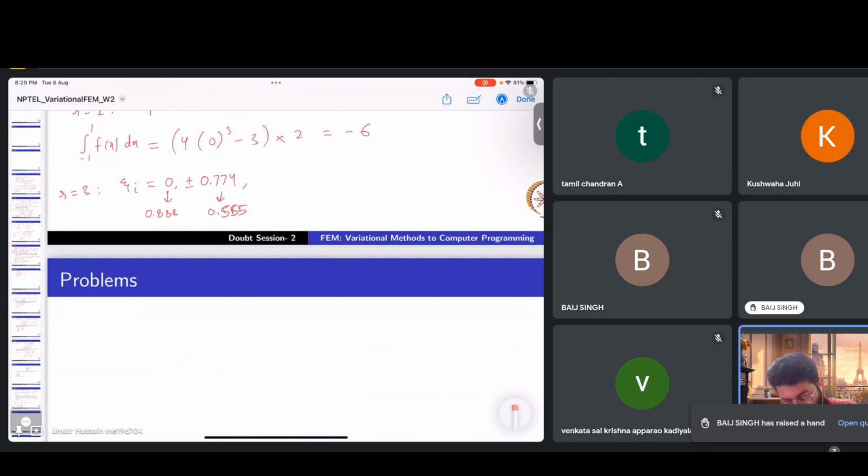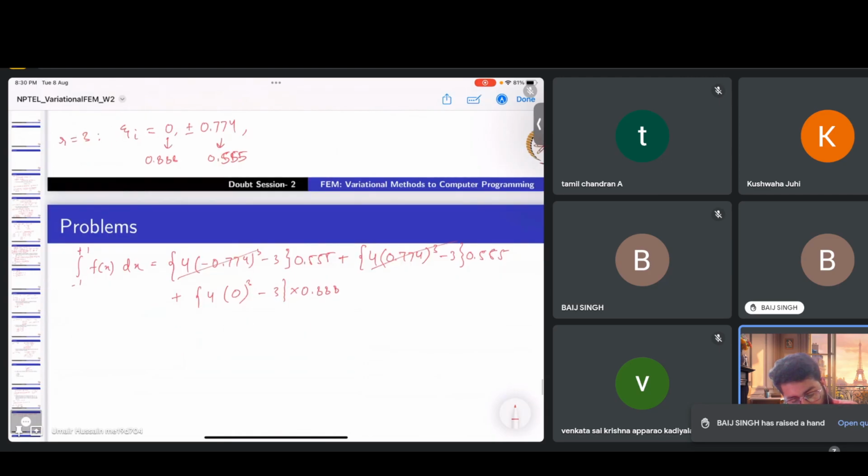So our integration becomes 4 into minus 0.774 cube minus 3 times 0.555 plus 4 into plus 0.774 cube minus 3 into 0.555, 4 into 0 cube minus 3 into 0.888. So again these two terms would cancel out.